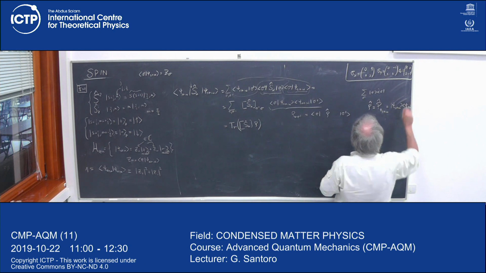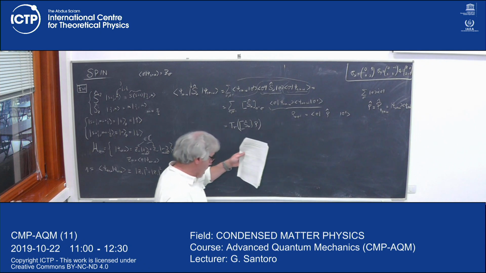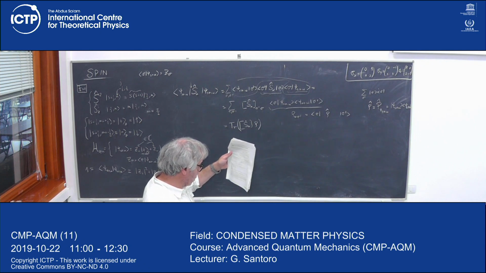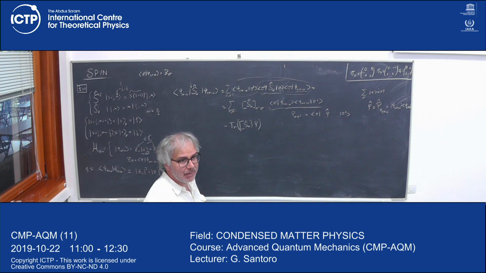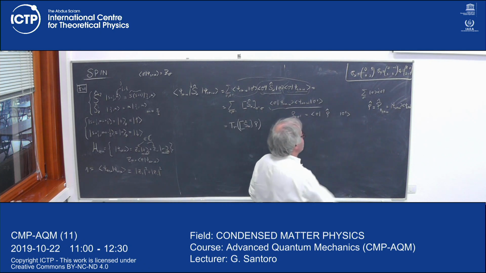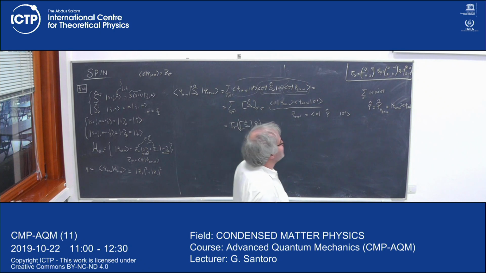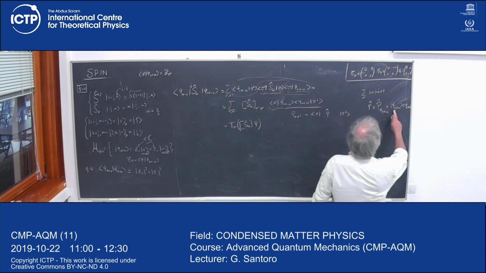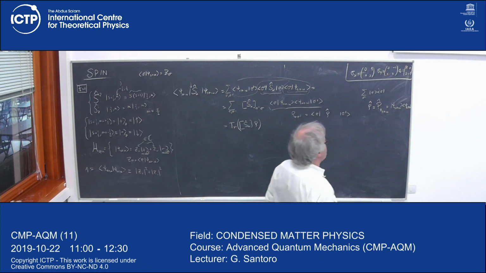Is it clear? Now, this is called the pure state density matrix. Later on we will call those rho things density matrices, but in this case it's really associated to a pure state psi spin.